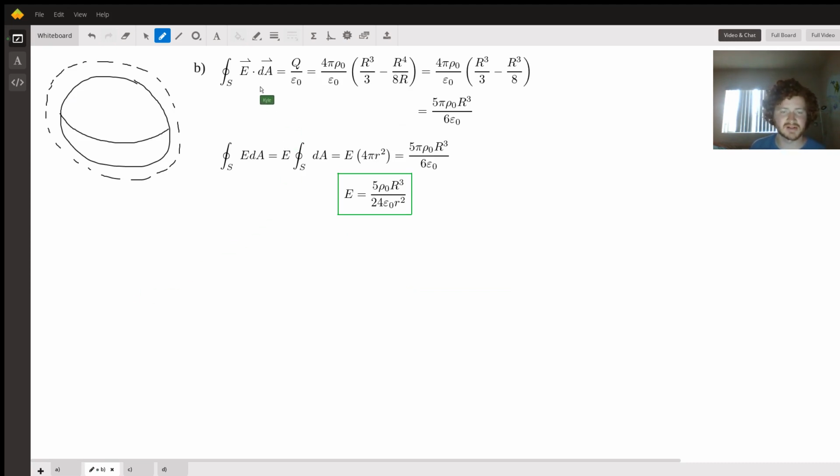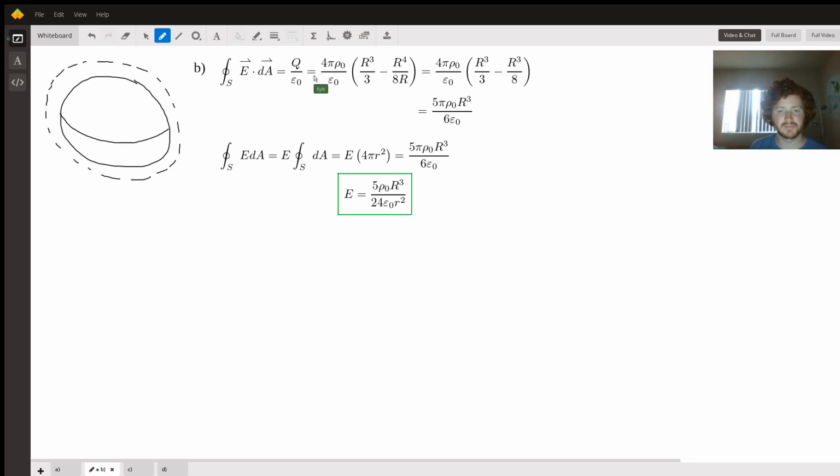So similar process, except that the charge contained here would be the charge of the entire sphere. As you go further out from there, you're not getting any more charge. You've already captured all of that charge, no matter how far you go out. The amount of charge contained is always going to be just the total charge of the sphere from then on out.